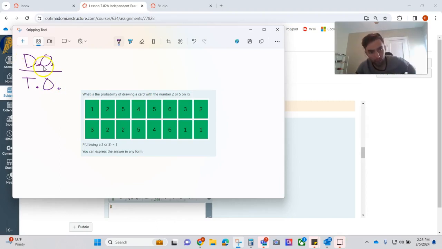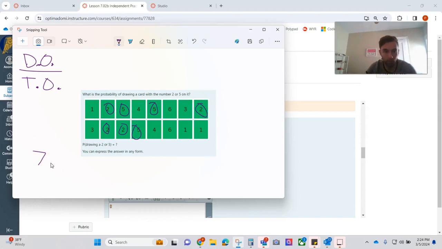So how many 2s or 5s are there? Because that's what I'll get. I'll win if I draw 2 or 5. So I see 1, 2, 3, 4, 5, 6, 7. So 7 outcomes where I would win.